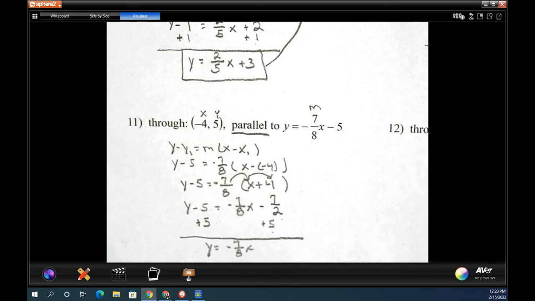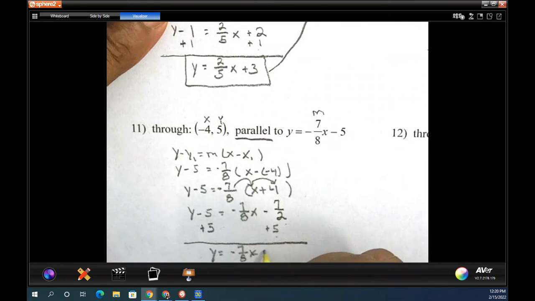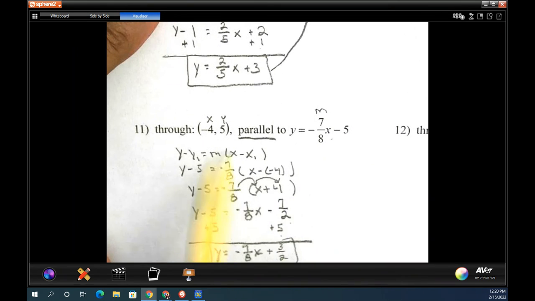Hit the right arrow, plus 5. And what do you get? 3/2. Yeah. And it's positive, so it's plus 3/2. All right. There's an equation of the line that's parallel to this equation that goes through the point -4, 5. All right. Try number 12.